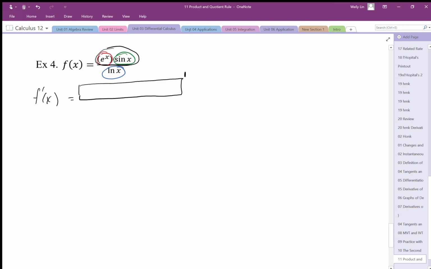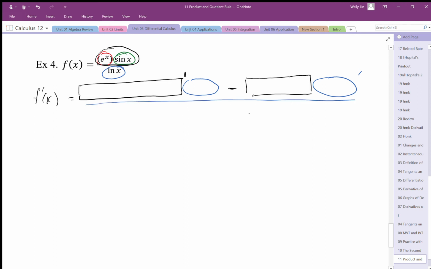Okay, and then I'm going to multiply it by the denominator, which I'll do like that. Minus, sorry. I'm going to take my numerator, and then I'm going to multiply it by the derivative of the denominator, like that. And then all over top of that will be the denominator squared.